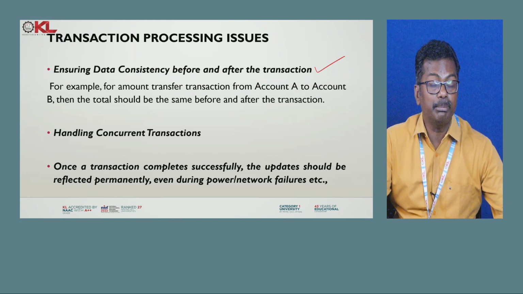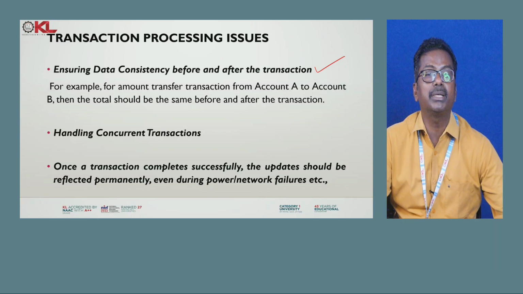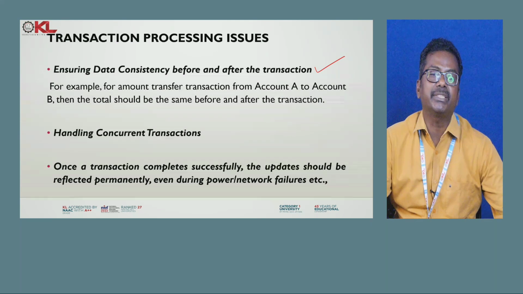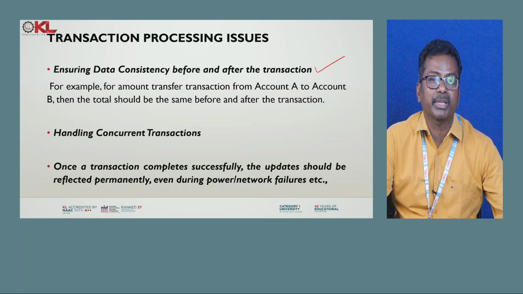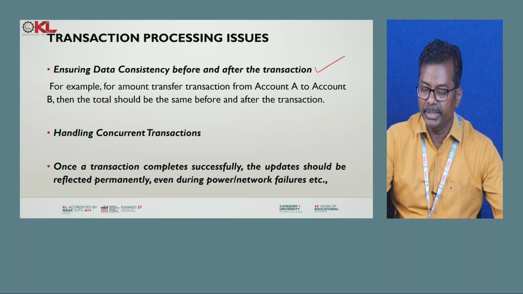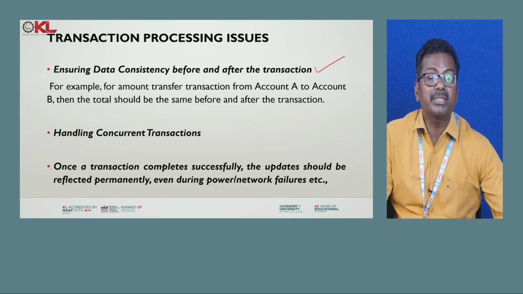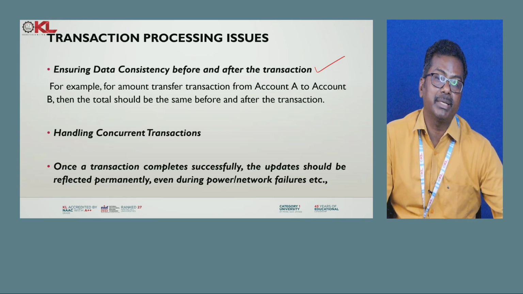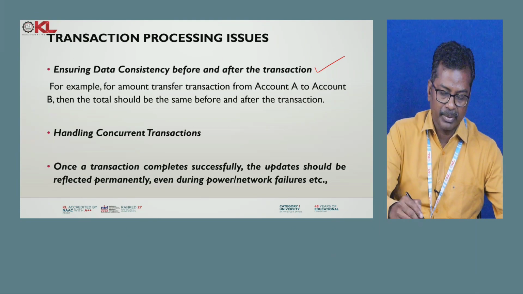At the same time your friend's account will show 2000 plus 800, that means 2800 rupees should be the balance seen in your friend's account. This is called consistency, data consistency before and after the transaction. But sometimes this consistency may not be established due to some problems, so this issue has to be preserved.